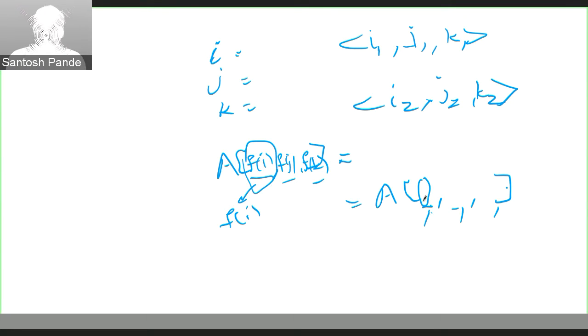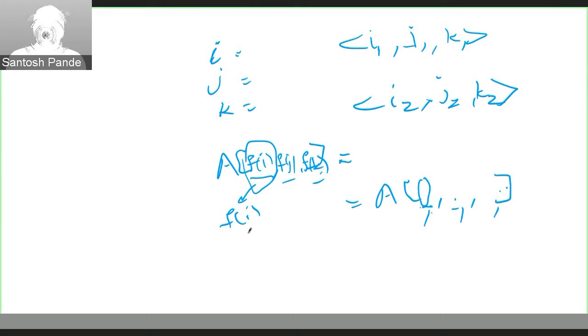So these two are equal. The first dimension, the second dimension is also equal, and the third dimension is equal. Somehow I have found that out. How we find that out is, of course, the topic of dependence detection.